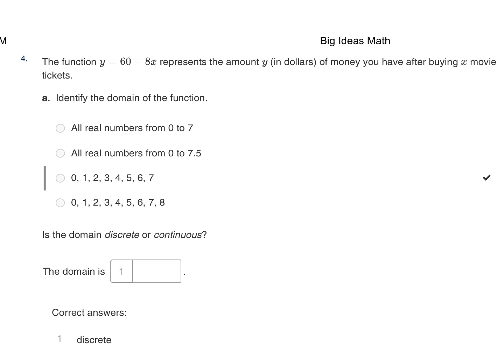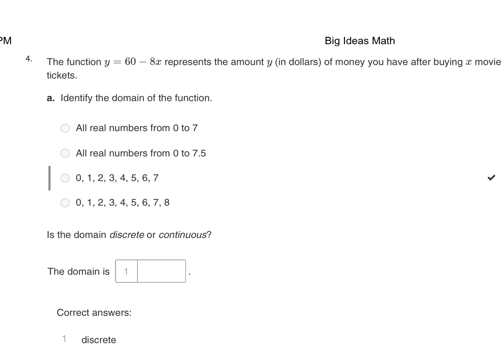The function y equals 60 minus 8x represents the amount of money in dollars that you have after buying x number of movies. Okay? So y is the money you have, and x is the number of movies you buy.